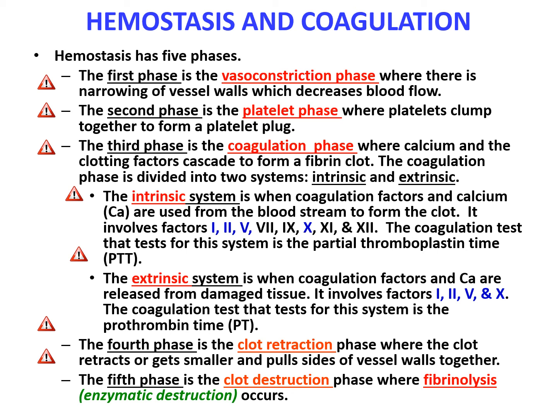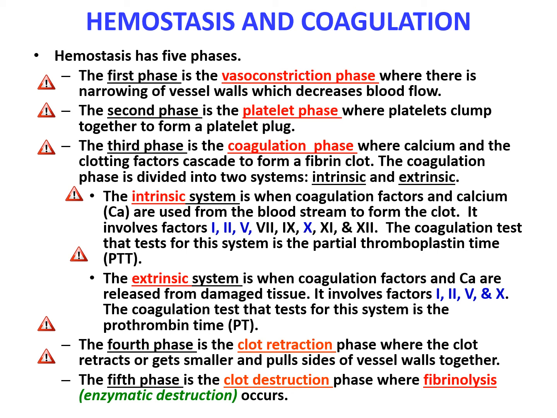So the coagulation phase is where calcium and the clotting factors cascade to form a fibrin clot, right? The coagulation phase is divided into two systems, intrinsic and extrinsic, right? Something internal or something external, right? Because when you think about the extrinsic system, this is when coagulation factors and calcium are released from damaged tissue, right? And it lists out the factors that are involved.